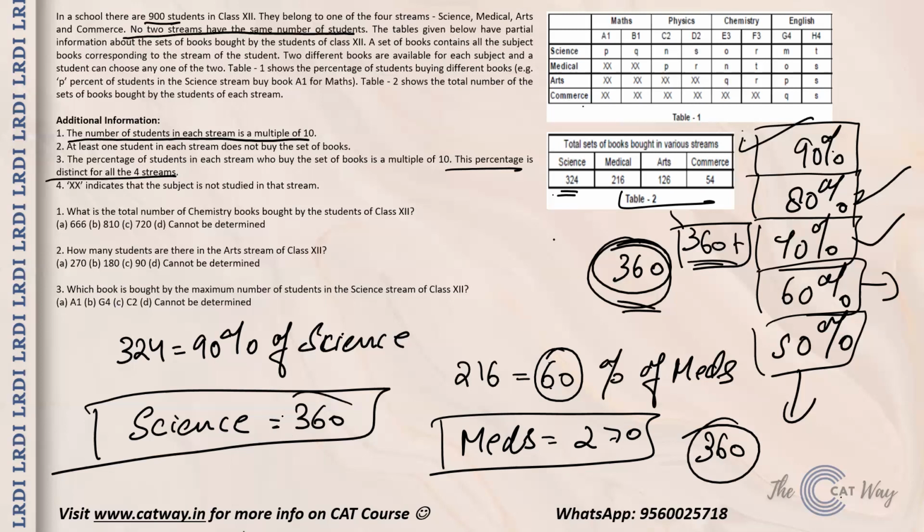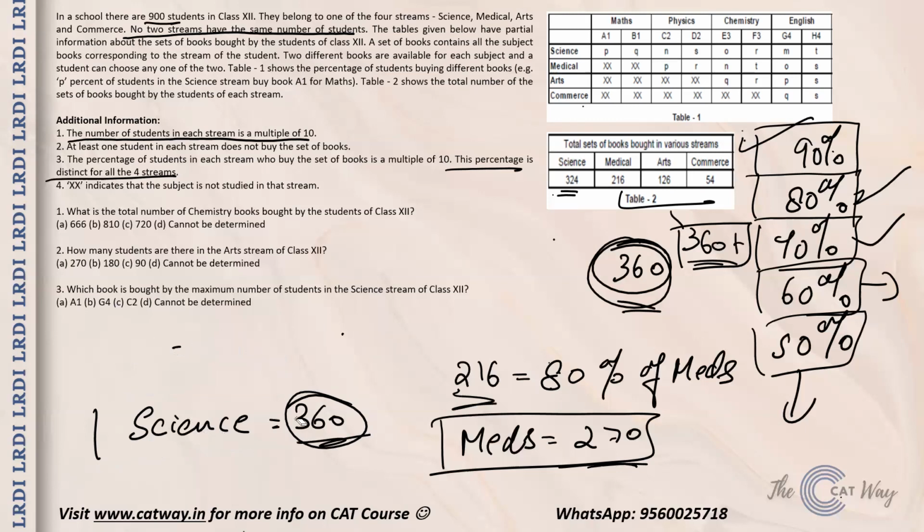Science already has 360. If you go to 50, there will be 540 students in meds and 360 in science, and a total of 900 is achieved. That means there have to be 0 students in arts and commerce, but they are buying the books, so that is also not possible. So for meds, the only possibility is that 80% of students bought the books, that is 216 sets, and the total number of students in medical is 270.